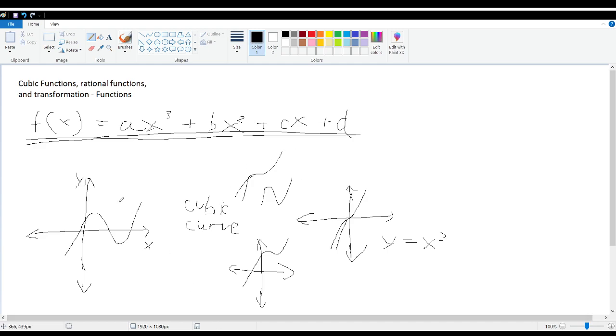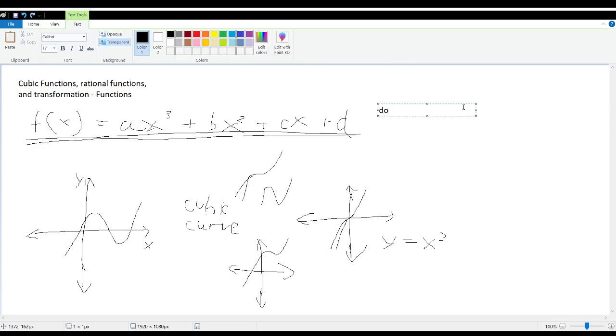So, what is the range and domain of a cubic function? The domain and range of a cubic function is simply, hold on, let me write this down. I should really type that out. The domain equals, this is why I might need to draw this out.